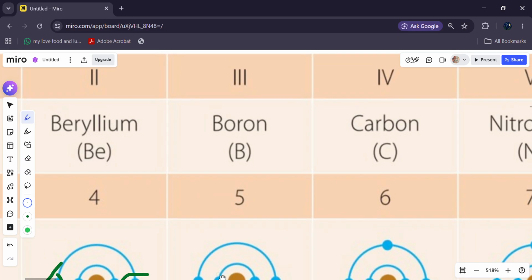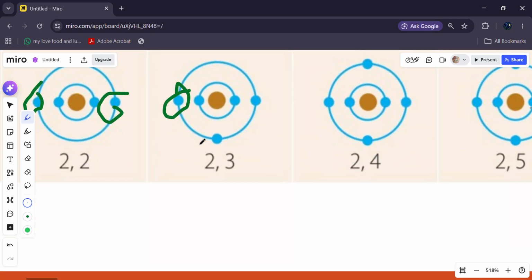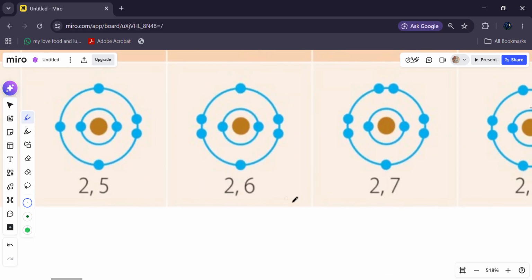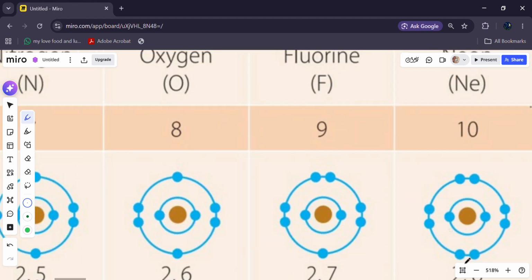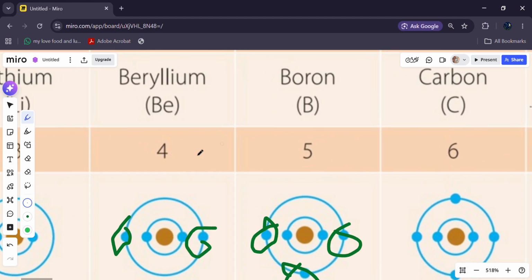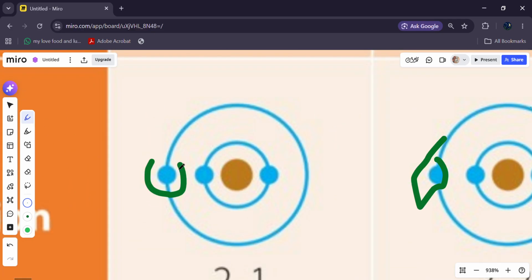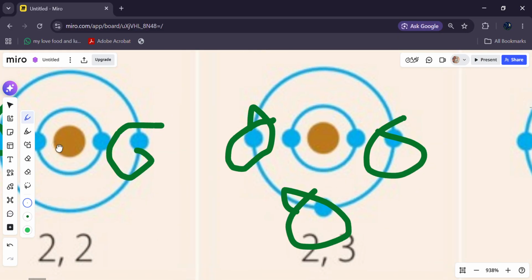Group 3 elements have 3 outer shell electrons. Group 4 has 4, Group 5 has 5, Group 6 has 6, 7 has 7, and 8 has 8. So each group determines the number of electrons in the outermost shell.